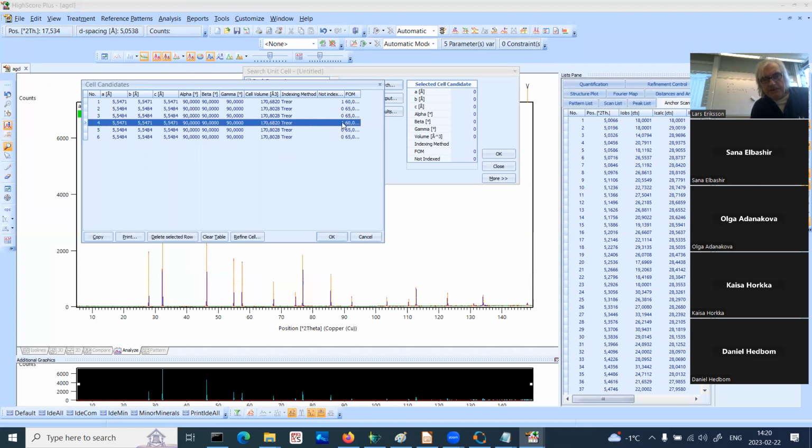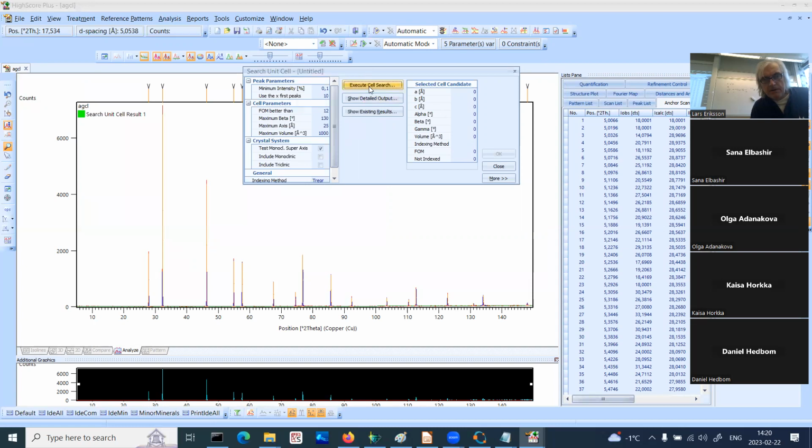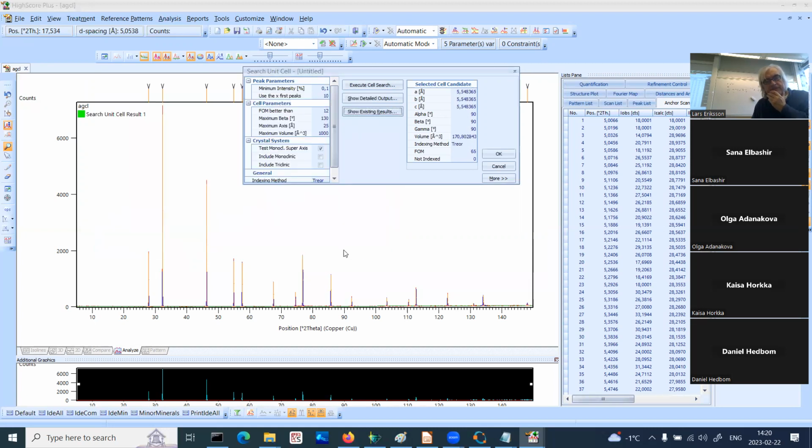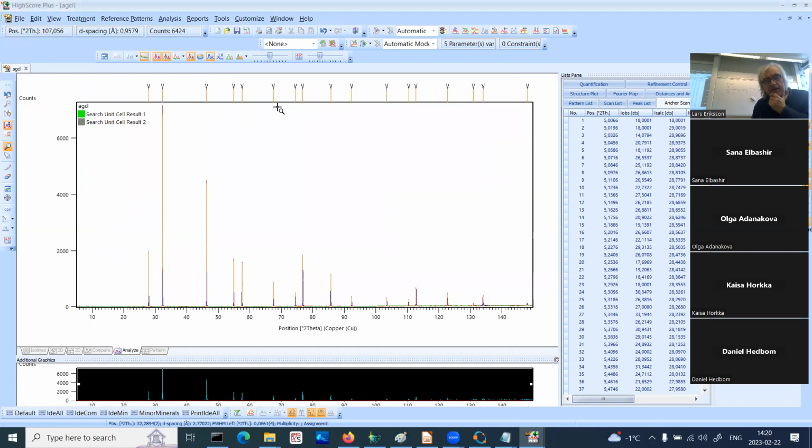One of the solutions has one unindexed line, but nearly the same volume. Those were just results that show existing results. Yeah, we take that one then. Then we can click OK here.